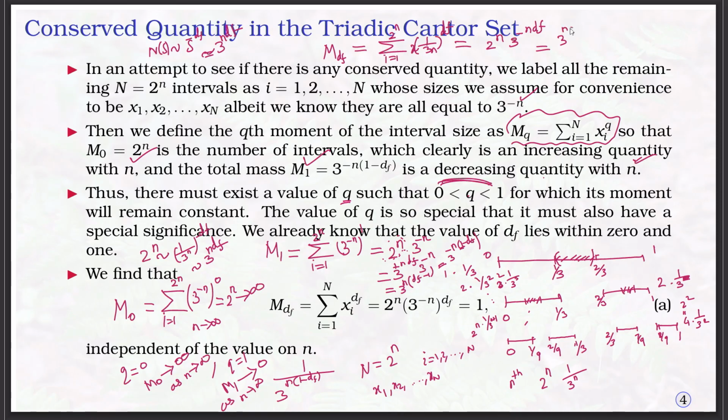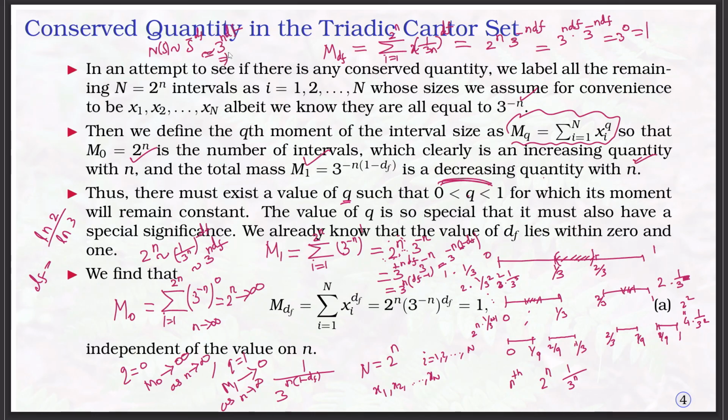So 3 power n df times 3 power minus n df, we get 3 power 0, which is equal to 1. So we know that this df is ln 2 by ln 3. We already obtained this one.